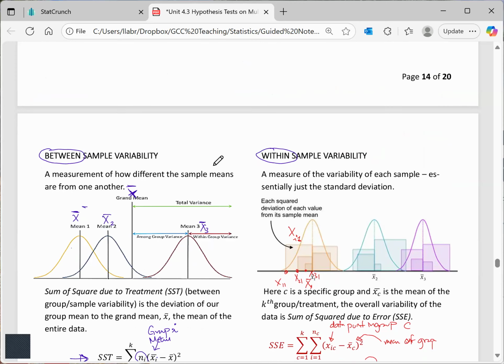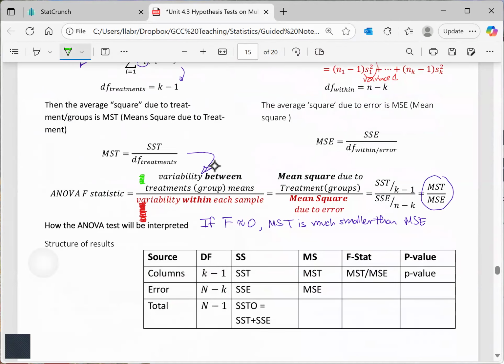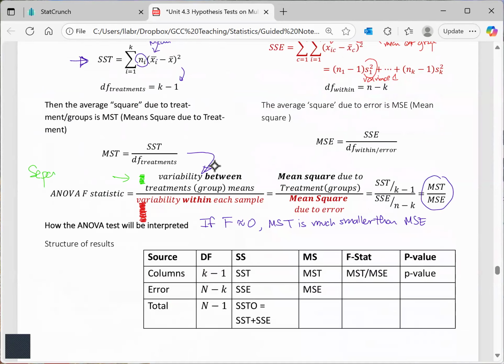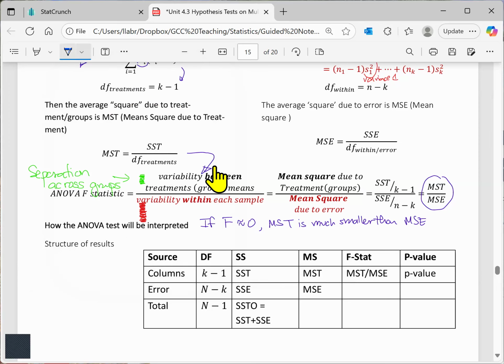So that's the way that I want you to think of the green one. The green one is the separation across the groups. And if that separation across groups is much larger, then it means that there is a difference in the values across groups.